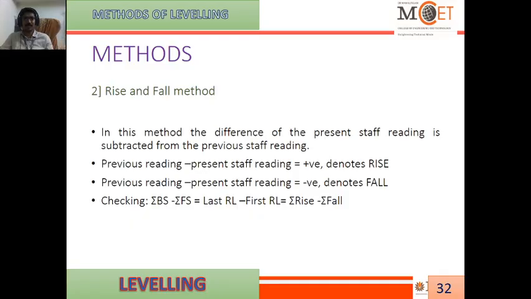If it is negative, it denotes fall. So here the check is sum of backsight minus foresight, which must be equal to last RL minus first RL. It is the same as in the height of instrument method. Apart from that, the additional one is sum of rise minus sum of fall, that also has to be checked, right?